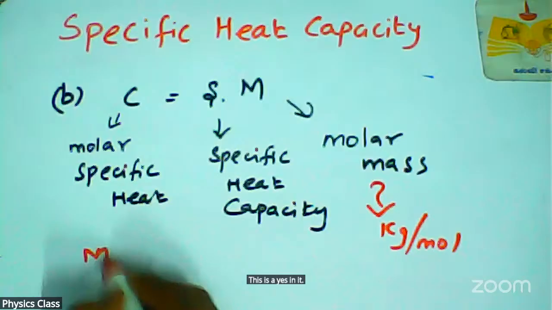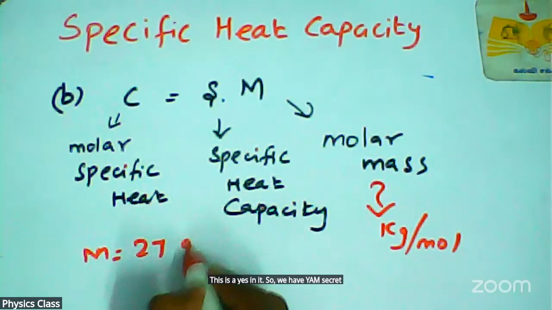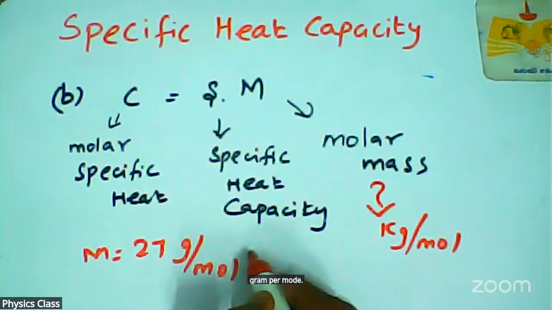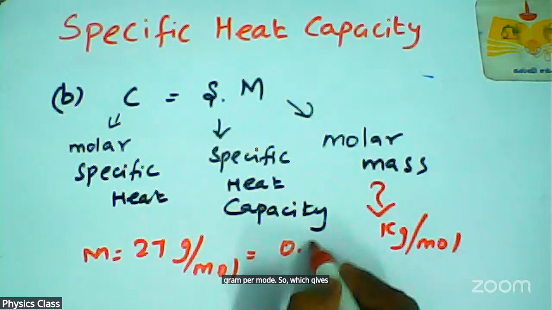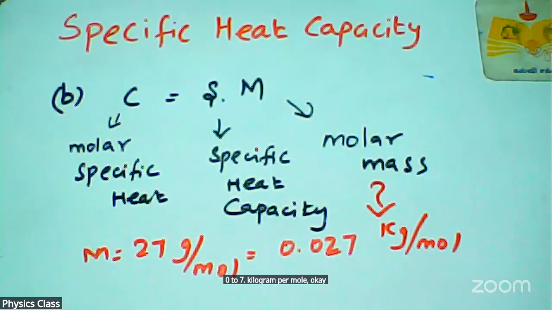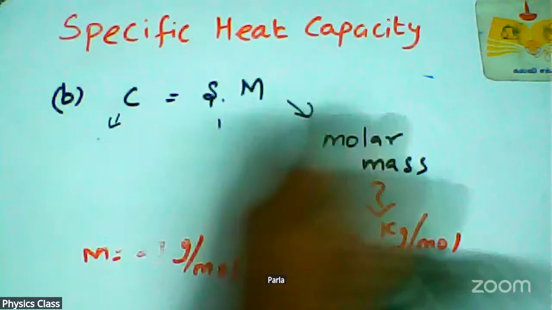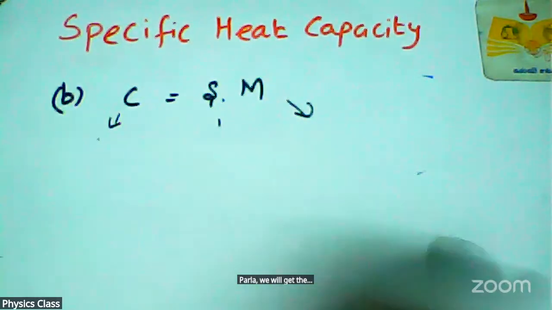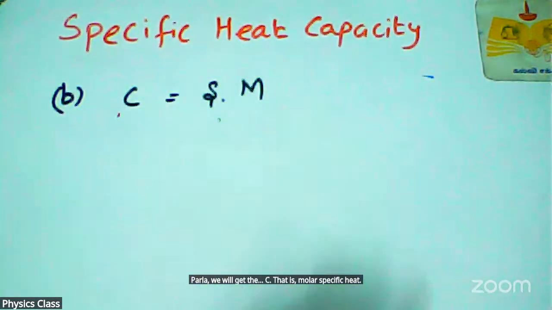So we have M equal to 27 gram per mole, which gives 0.027 kilogram per mole. This is the M value. We already have the s value, and now we have the M value. Just put them in that formula and we will get C, the molar specific heat capacity.